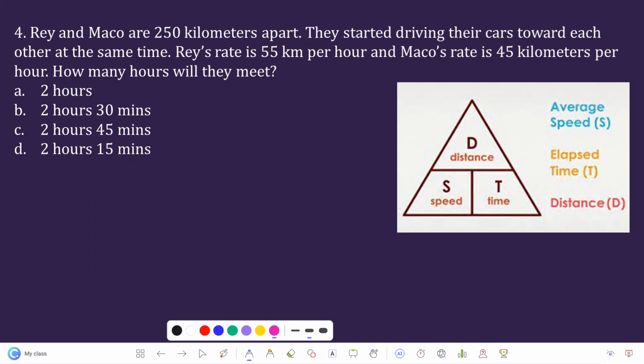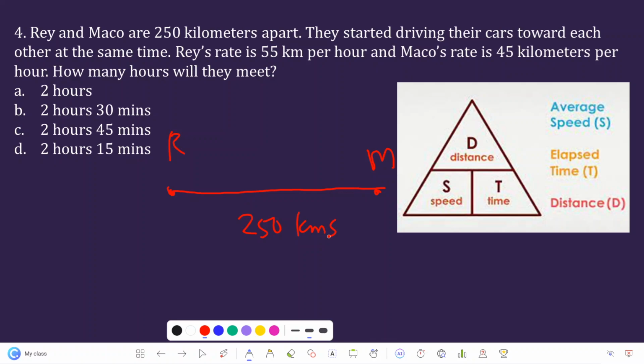Again, importante ulit ang relationship ng distance, speed, at saka time. Now, para madali mo ma-solve ito, you try to draw para ma-visualize mo kung ano ang ilalagay mo sa equation ng problem na to. So, here you have Ray, this point, and you have here Mako at this point. Now, ang sabi sa problem, ang total distance na to is 250 kilometers apart.